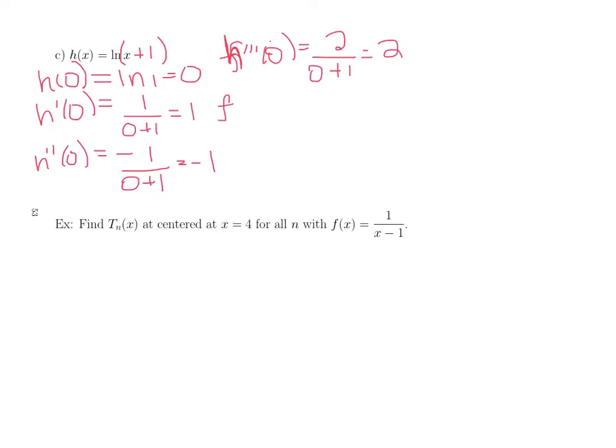And then the fourth derivative at 0 will be 2 times -3 over 0 plus 1, raised to the 4th, squared I guess, over here.